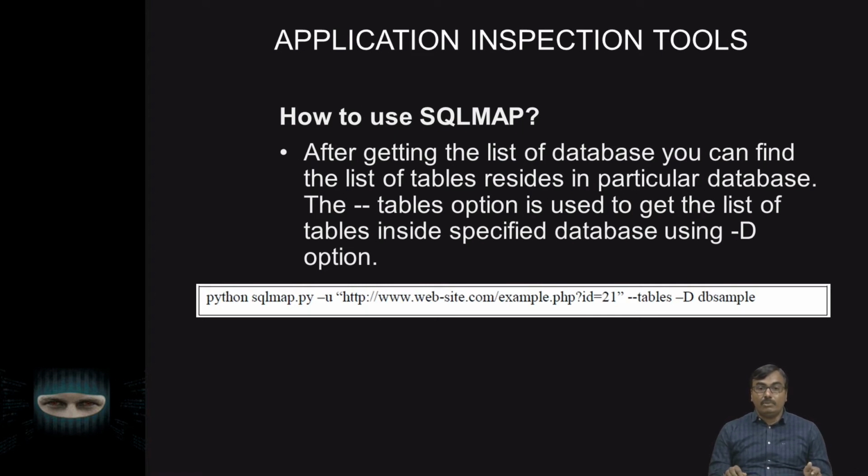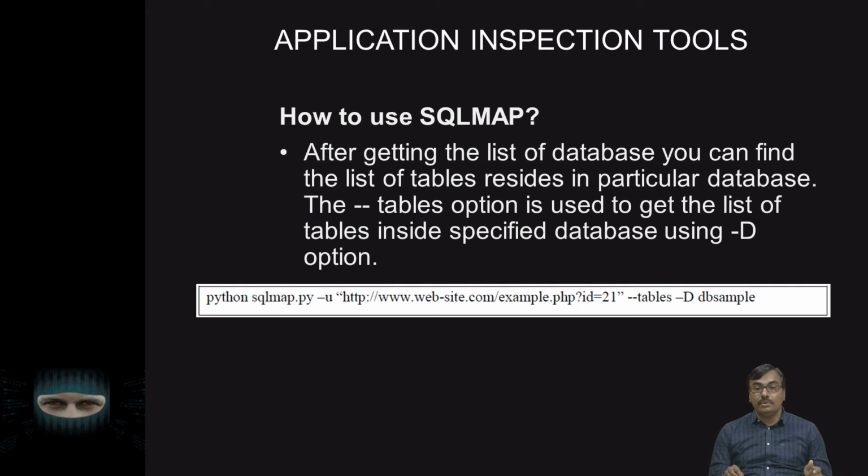python sqlmap.py -u, that is your URL, --tables. We are interested in finding the tables inside DB sample. DB sample is nothing but your database name, and -D is the option for providing the database name.